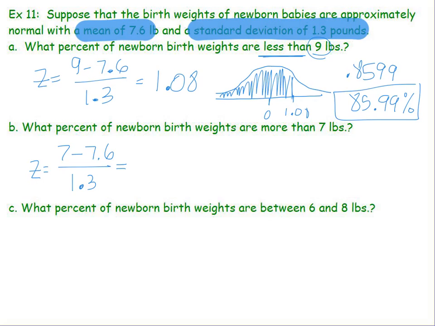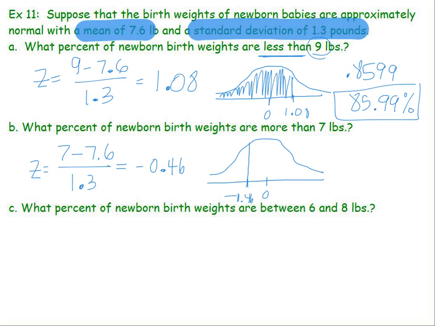Type it in your calculator and round appropriately, 2 digits after the decimal. Negative 0.46. I put that 0 there for looking it up on the blue sheet. Now let's draw our picture. 0's in the middle. Which way is the negative side? It is over here. Negative 0.46. That is my cutoff.